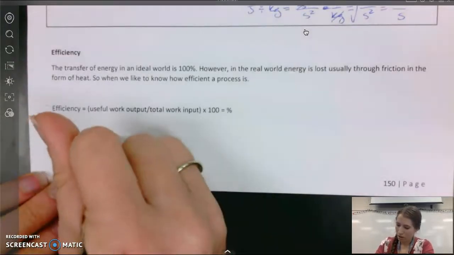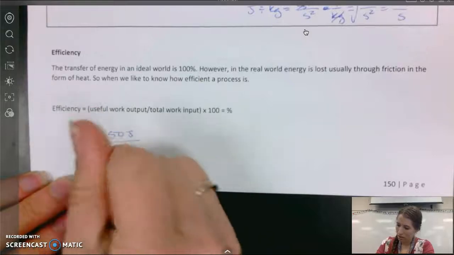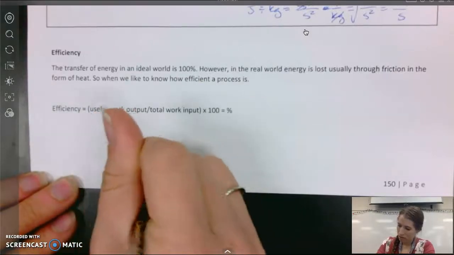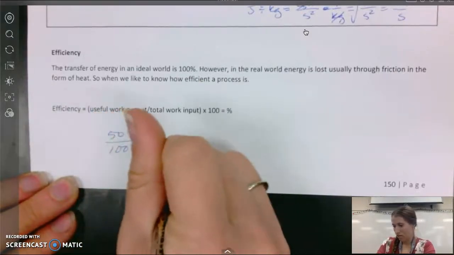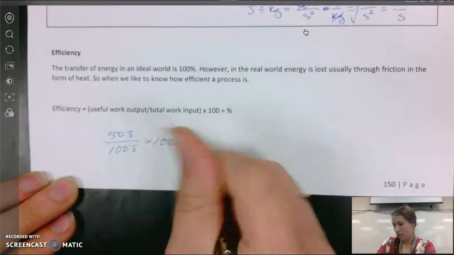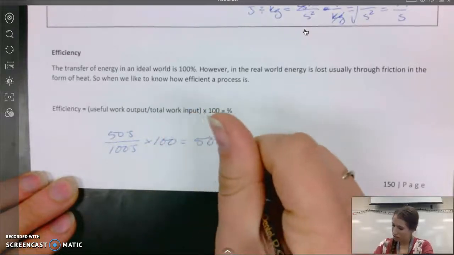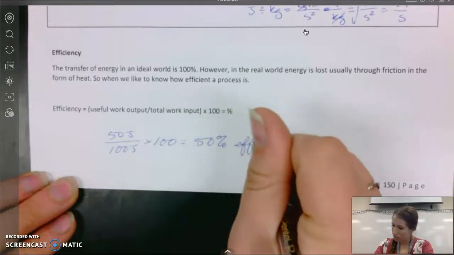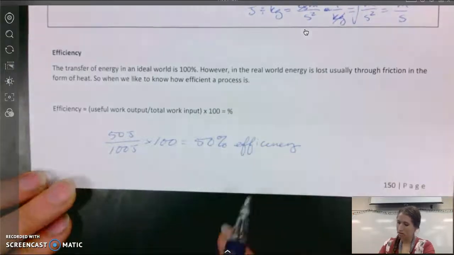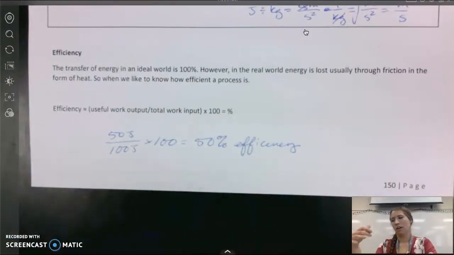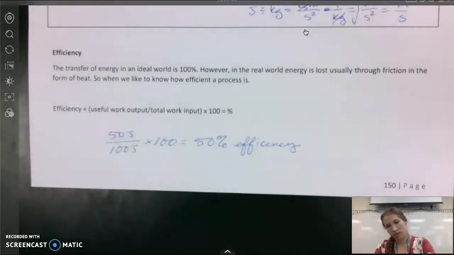Well, so that would be 50 joules is the output, 100 joules is the input, and what we end with is 50% efficiency. My bike is only 50% efficient at taking the energy that's put into it and producing useful energy like kinetic energy, which results in the velocity.